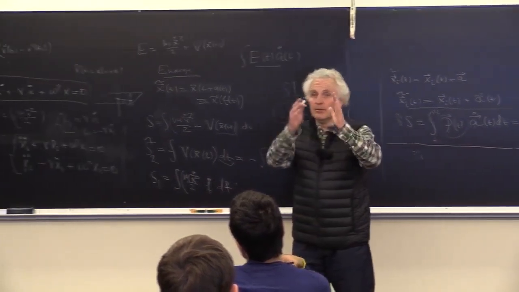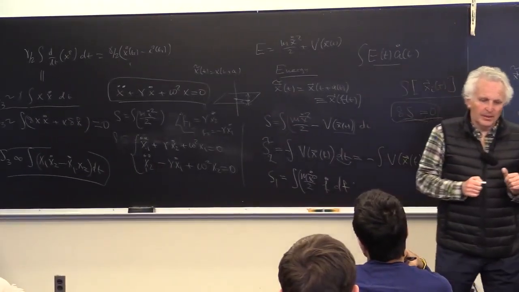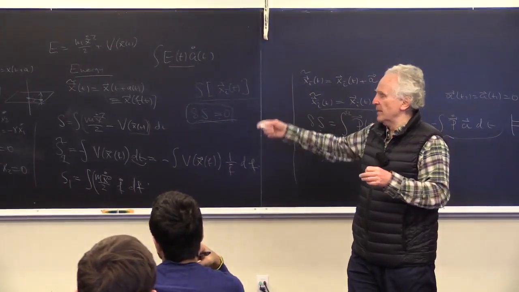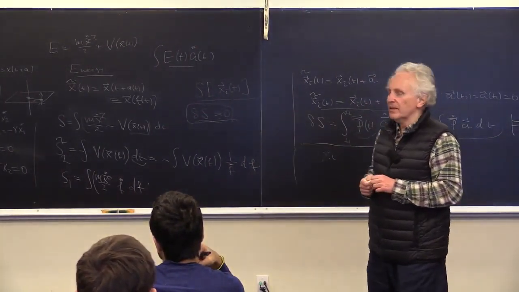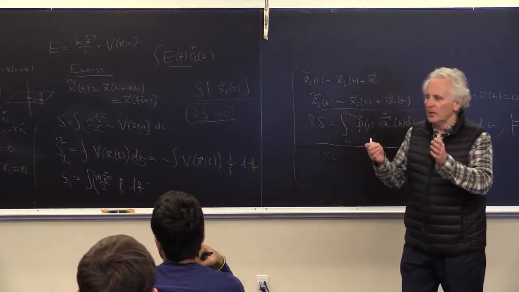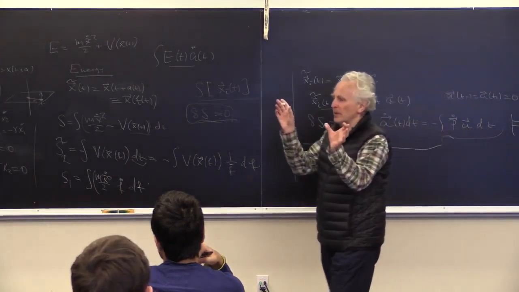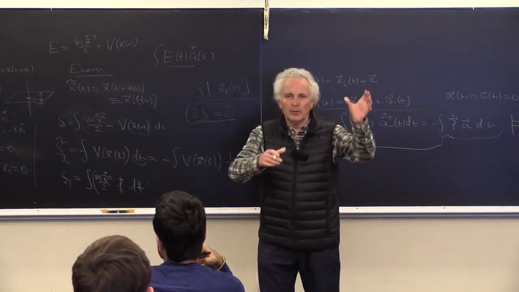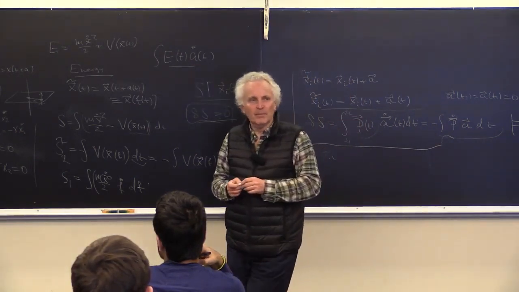First, physically, in terms of this movie which you filmed of this damped harmonic oscillator: can you distinguish between the movie which goes backward and the movie which goes forward?